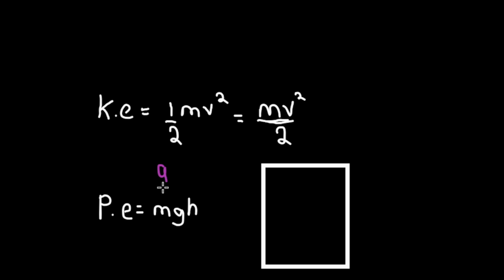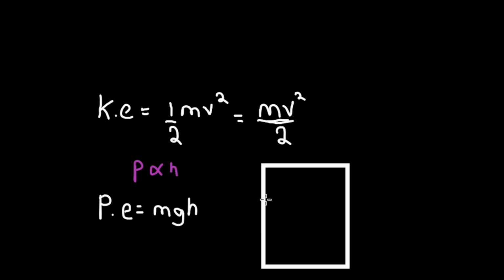We know that the value of g is 10 newtons per kilogram or 10 meters per second squared, depending on however you want to express it. But notice that height, or delta s, the change in displacement or distance as others might put it, is a changing value. So potential energy is directly proportional to the height.